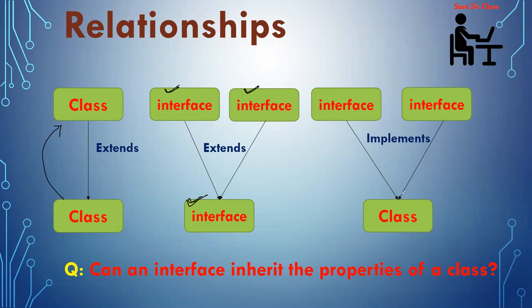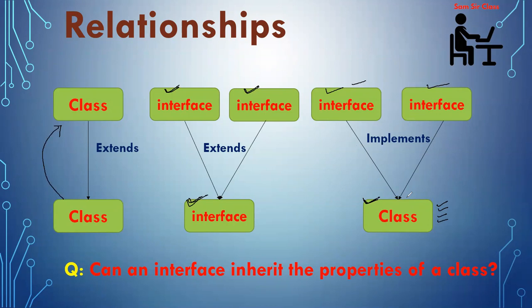And a class can implement an interface, and a class can implement multiple interfaces also. Here abstract methods will be there. A class implementing multiple interfaces has to redefine or override all the methods inside its body.